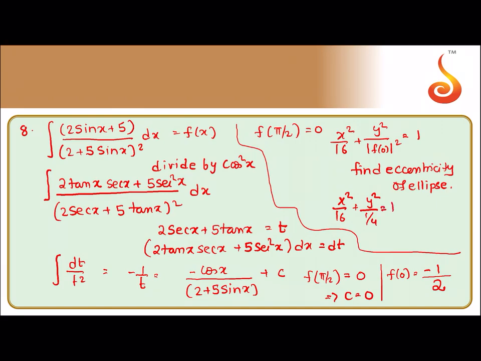Separating it. Now we substitute here. x square upon 16 plus y square upon 1 by 4 equal to 1. We know the eccentricity formula, under root of a square minus b square by a square. From this, if you substitute the value, you get under root of 63 by 4.